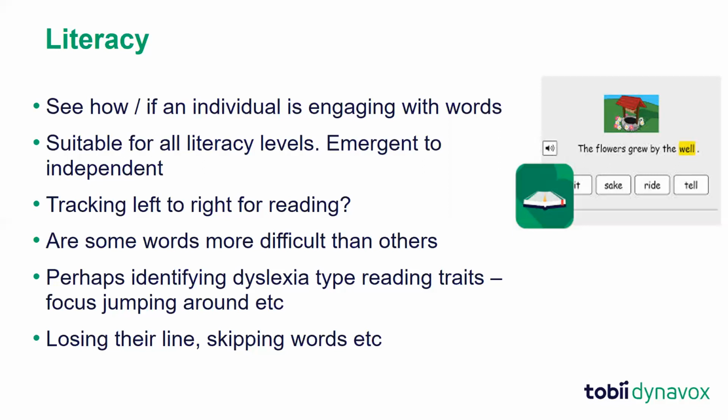We can find out whether there's certain words or word sounds or letter combinations that might be more difficult than others for somebody. It can be helpful in identifying things like dyslexia, and if there are certain reading traits, if somebody's struggling to focus and their eyes are jumping around or line skipping or skipping words, it can give us some really helpful info.